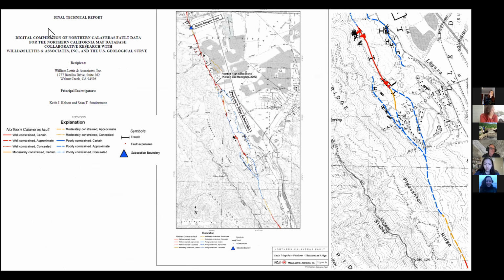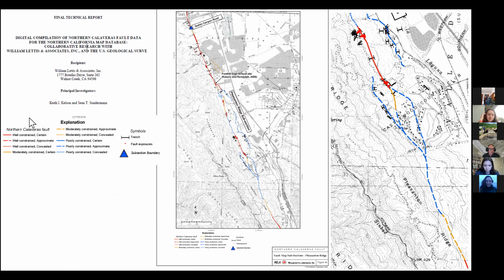Okay, so here's another example of a product, but also of how it's presented. This was a final technical report from William Lettis and Associates. They were supported by the US Geological Survey to do this mapping. So somebody has a job doing this kind of work, which is actually super awesome. You can see how they did the plotting.